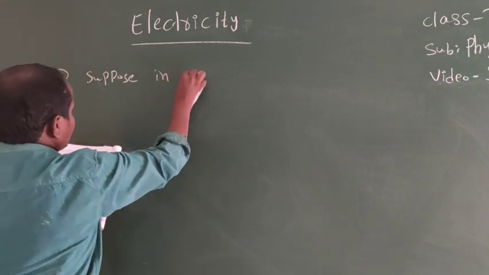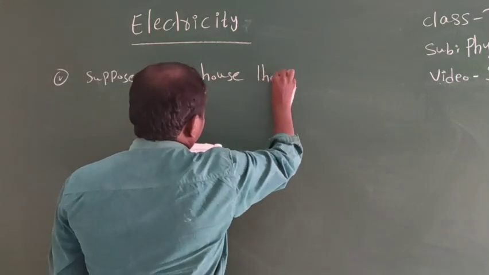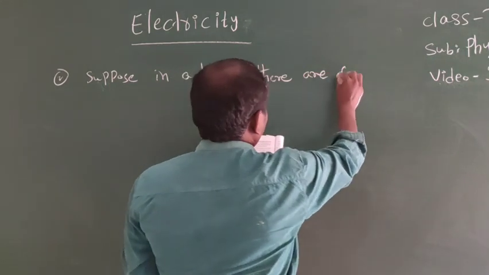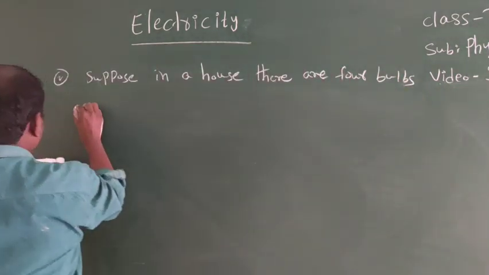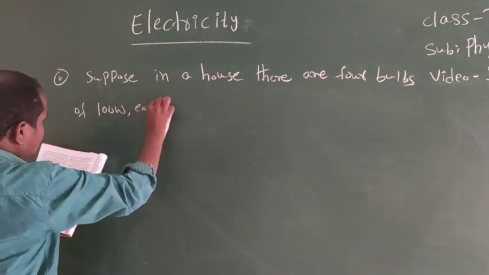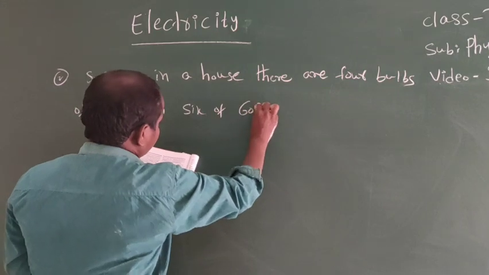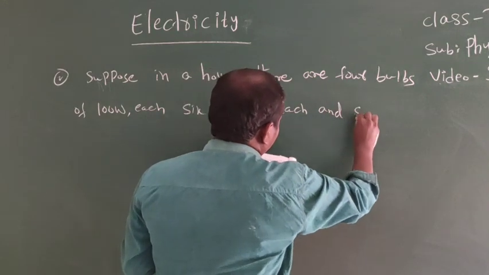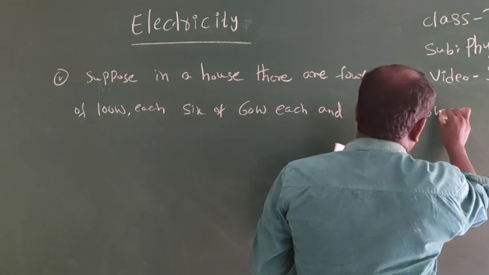Suppose in a house there are 4 bulbs of 100 watts each, 6 of 60 watts each, and 6 of 40 watts each.